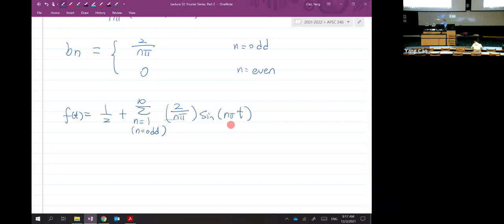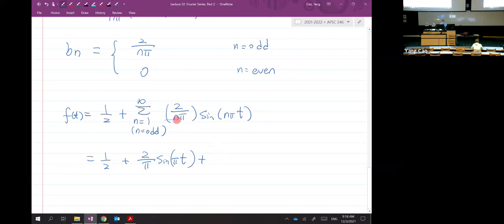That's the result for f of t. If you wanted to write all the terms out, instead of using the summation sign, you can write 1/2 as the first term, and the second term is 2 over pi, when n equal to 1, sine pi t. And the next term is when n equal to, what's the next term?